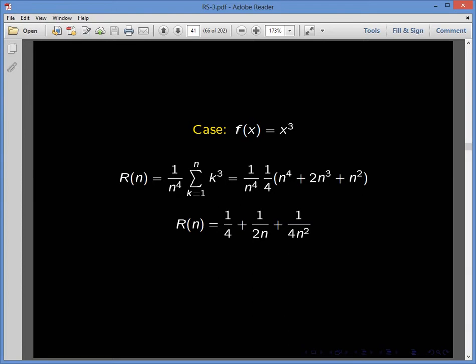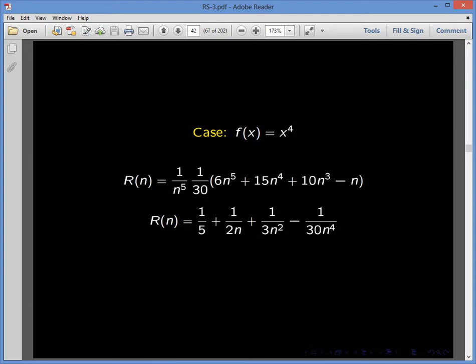Let me go back, n squared, yeah, it happened that way. Now I'm showing the n to the fourth. I didn't know about this one, I had to look it up. But anyway, this one unfolds like this. 1/5, there's again the 1/2 still, and this number begins to change and all that.